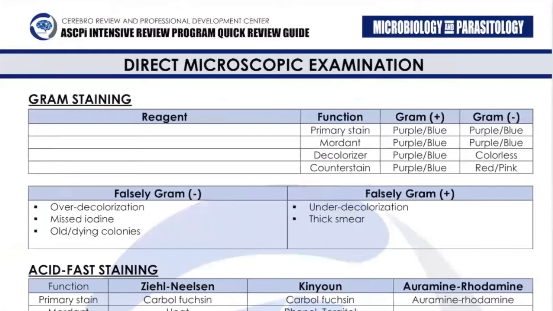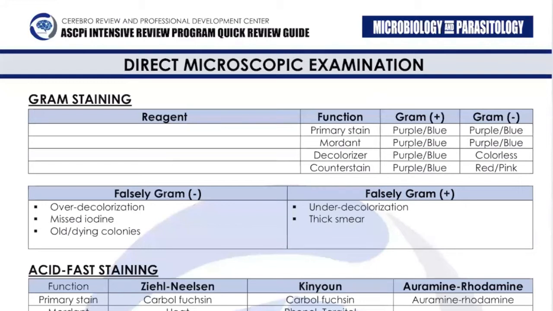Gram staining is our guide for us to know the morphology of the organism, because morphology is really an important parameter to be used when it comes to species identification. So, of course, the reagents for gram staining.